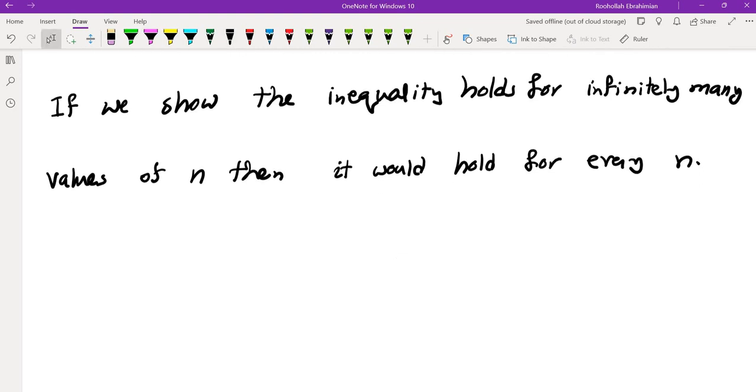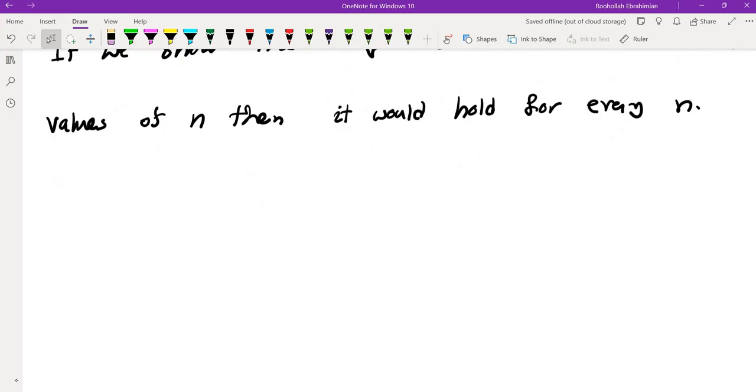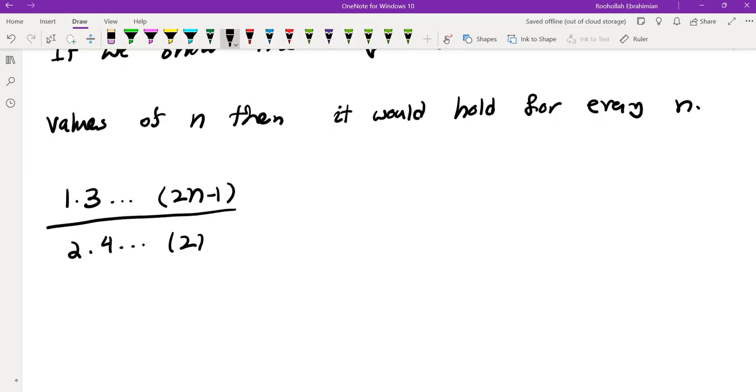How do we show that it holds for large values of n? Let's look at the fraction that we have. We have 1, 3 to 2n minus 1 over 2, 4 all the way to 2n. And we want to show this is less than 1 over root 3n. So we're going to multiply by root n, to get rid of the 3.